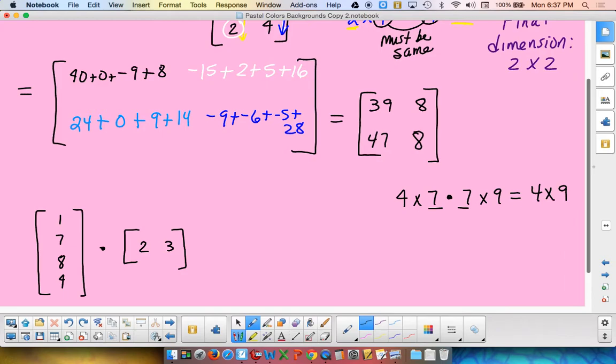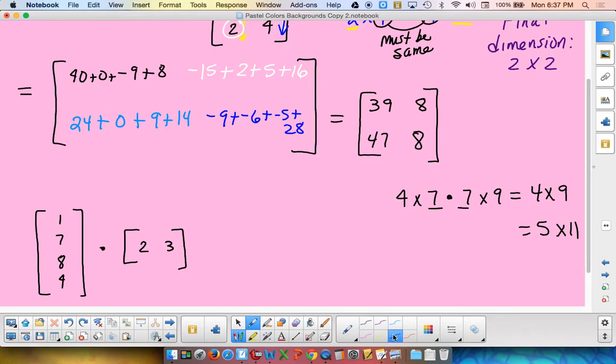Now, what if I mixed it up on you a little bit and I said the resulting matrix is going to be a 5 by 11? What would I have to have as dimensions, or can you name me some dimensions that would give me a 5 by 11 answer?